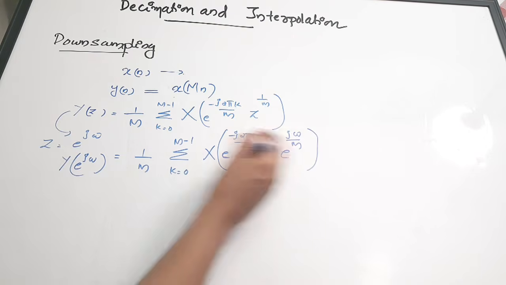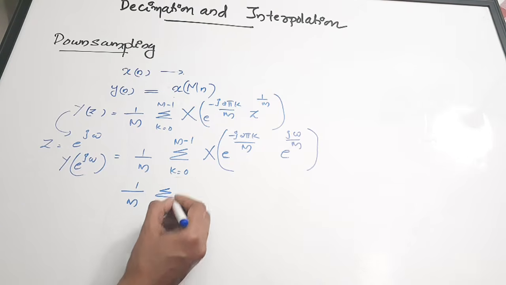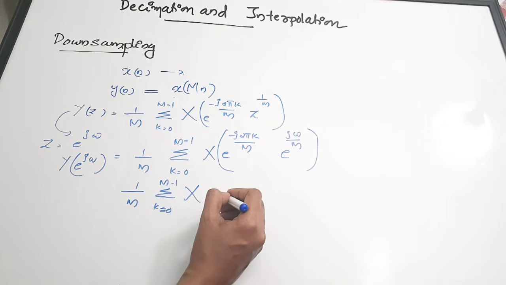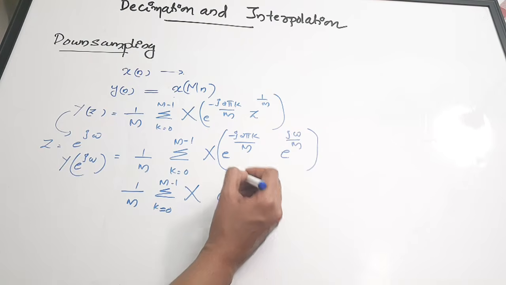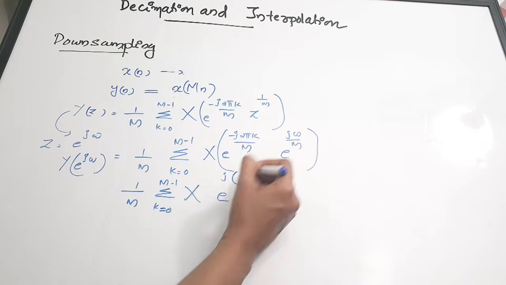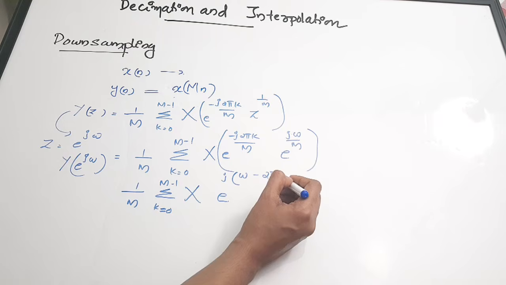So now these two terms together you can write 1 by m sigma k equal to 0 to m minus 1 x of e raised to, you are going to take j common, then omega minus 2 pi k by, again m is common.